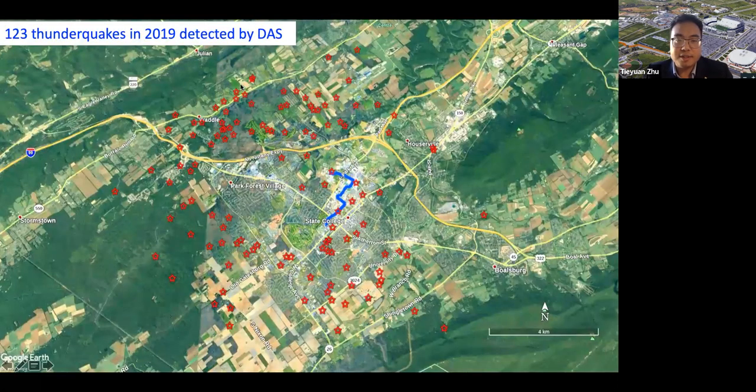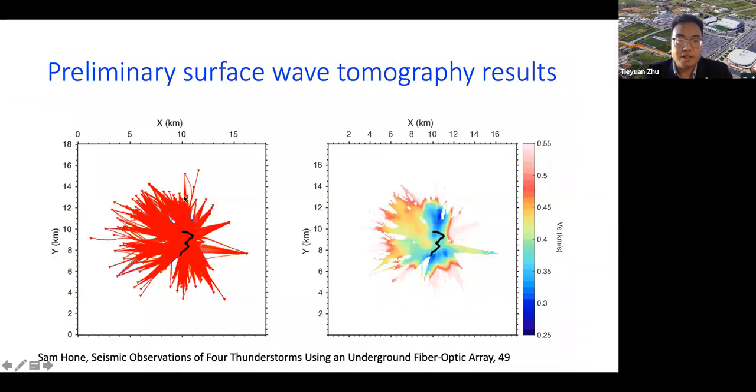My student Sam worked very hard to extract all these 120 thunderquake events. We can use the locations with ray and travel time tomography to end up with this velocity anomaly, for example low velocity and high velocity, to understand the local geology. If you want to know more, please go to Sam's talk in the afternoon.